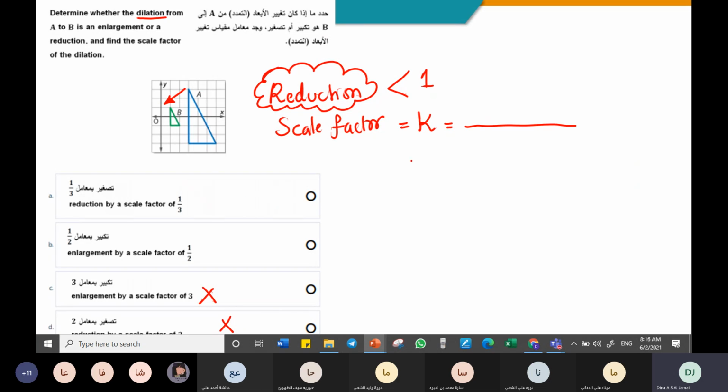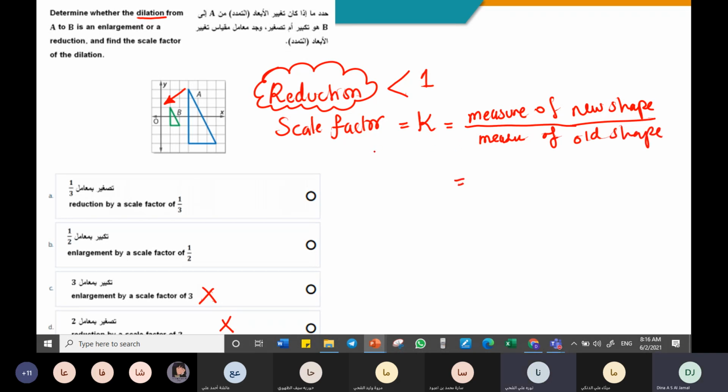the original shape. So let's take the measurement of the new shape over the measurement of the old shape. Good.